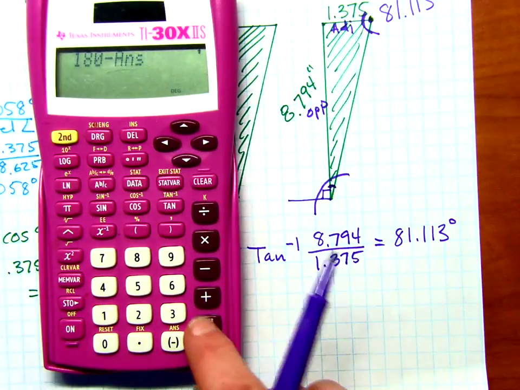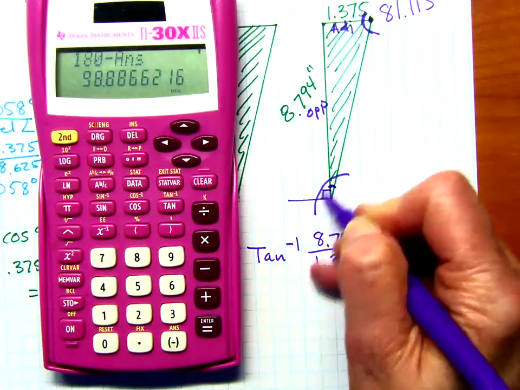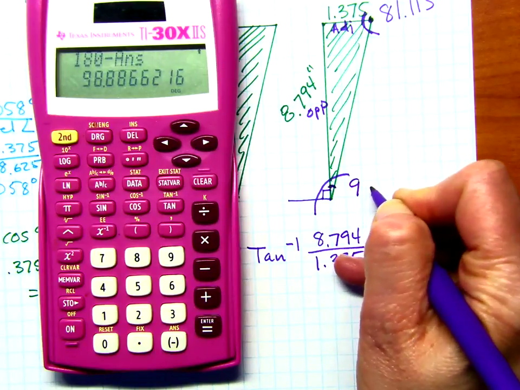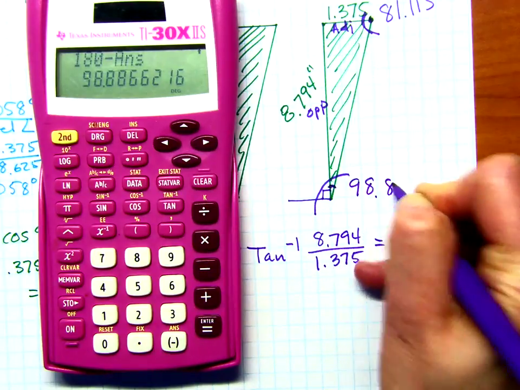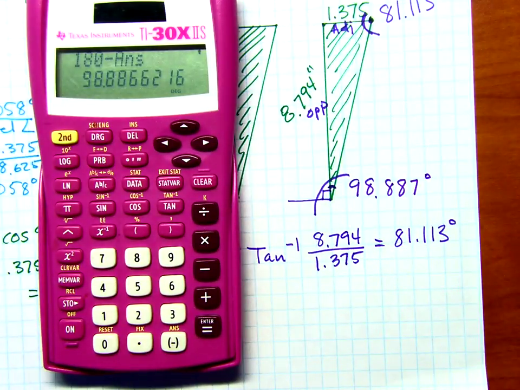Okay, enter. And so that's going to give you this full bottom interior angle, and that's going to be 98.8866087, so 98.887.